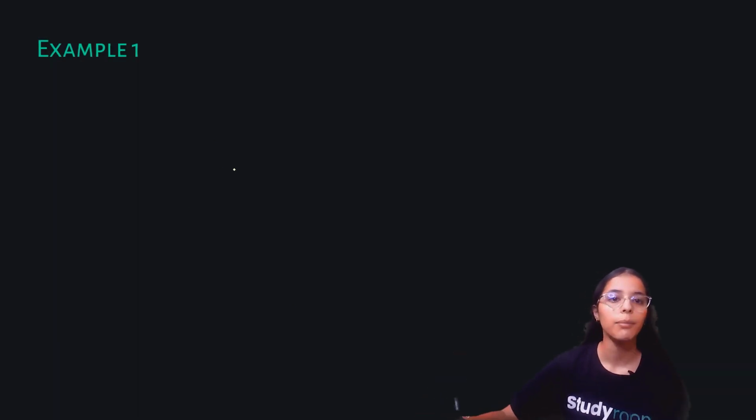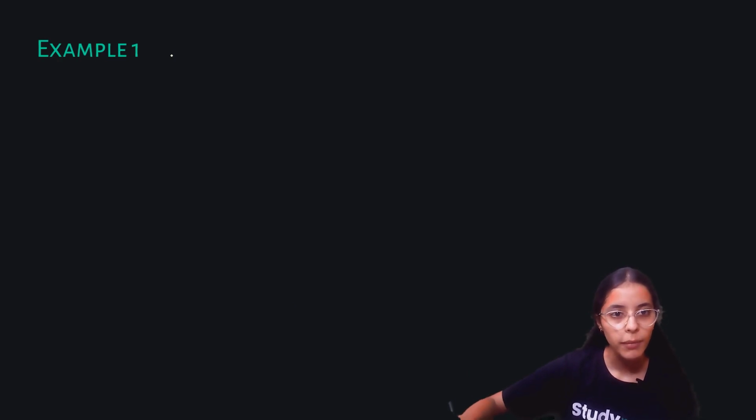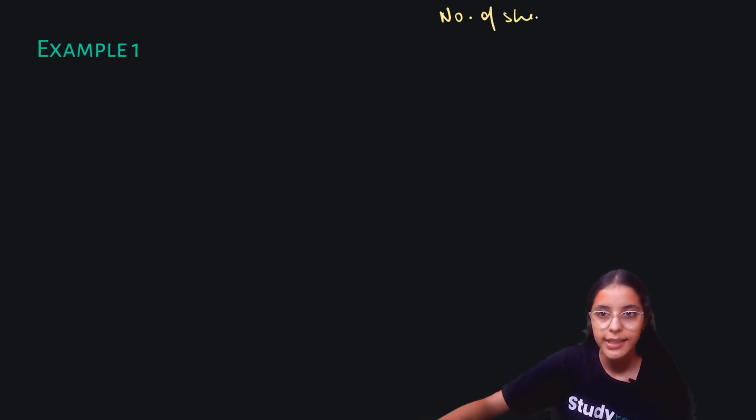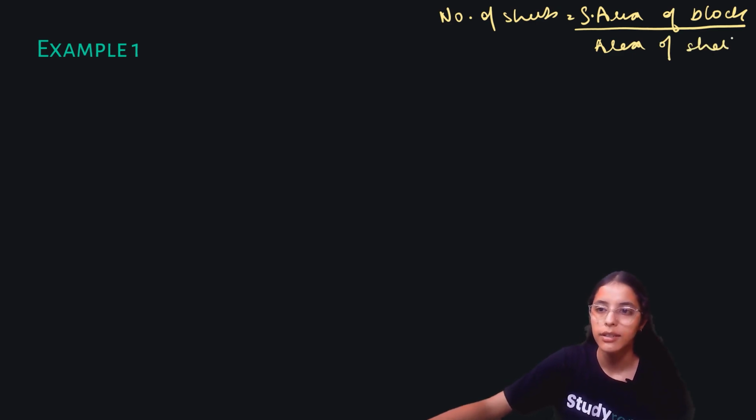So now let us perform the calculations. I'll write out the formula that we have formed: number of sheets is equal to surface area of block upon area of sheet.